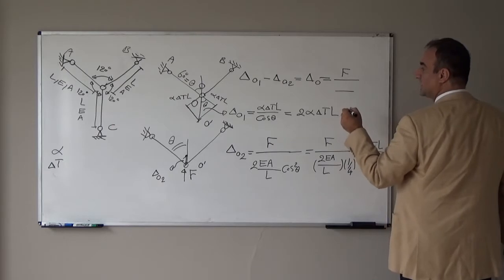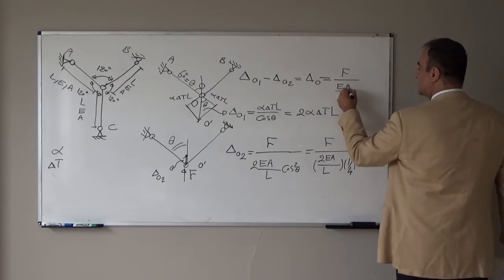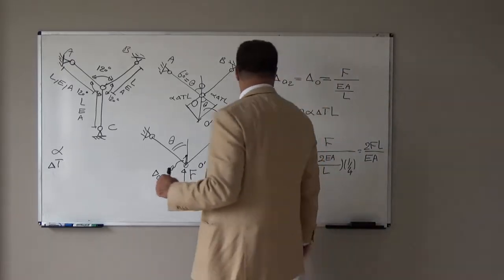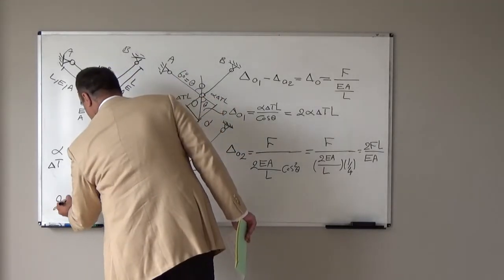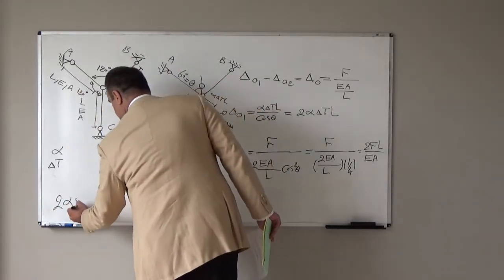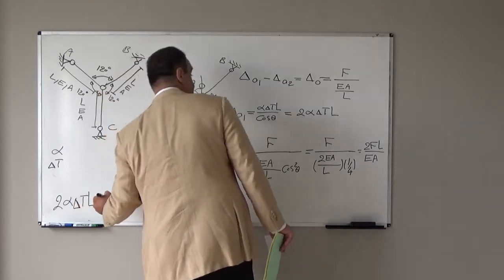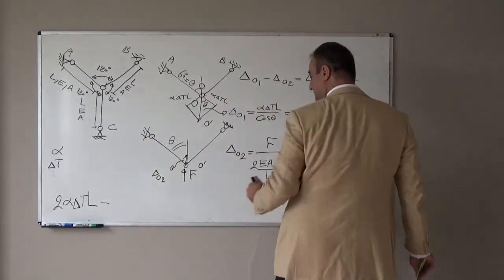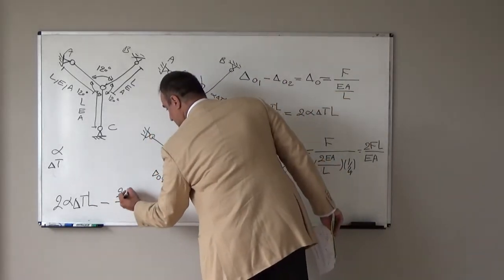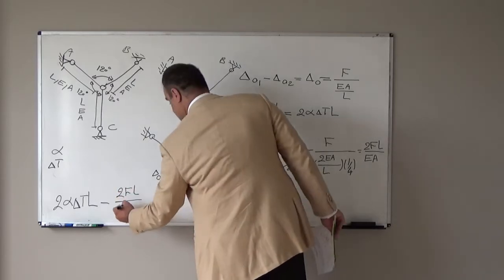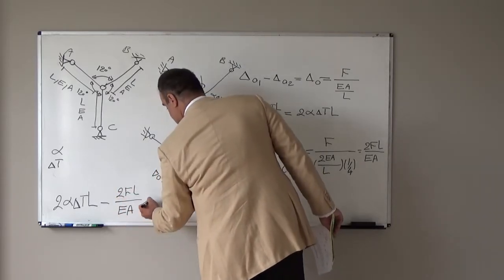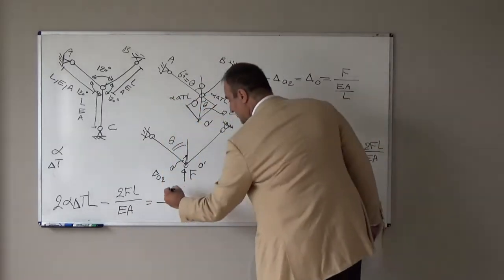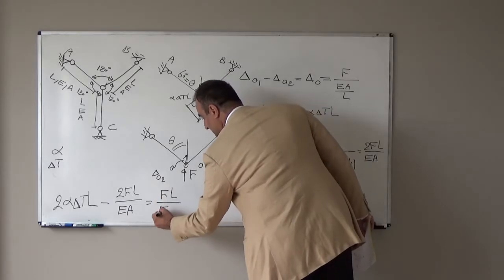The stiffness of that member in the axial direction is EA over L. So if I substitute everything here, delta O1 is 2 alpha delta TL minus delta O2, which is 2FL over EA, equal to FL divided by EA.